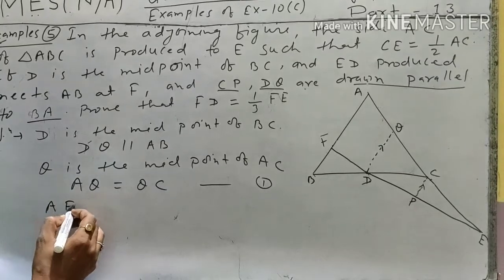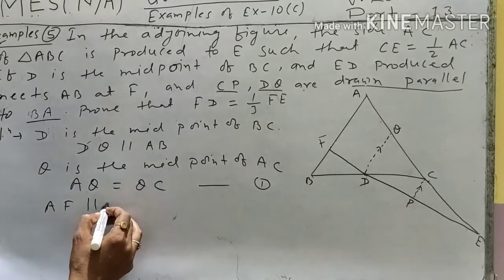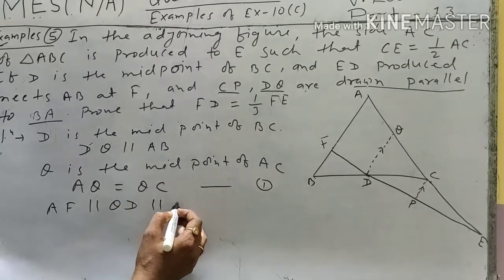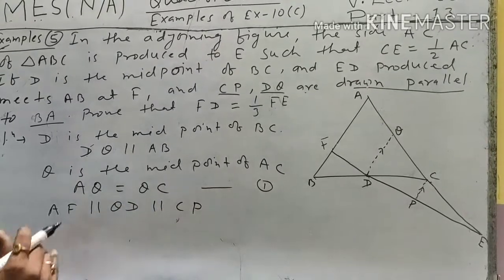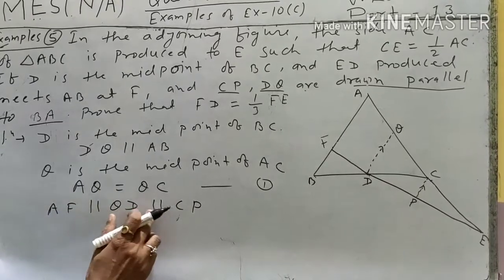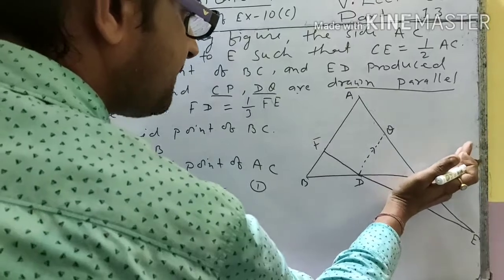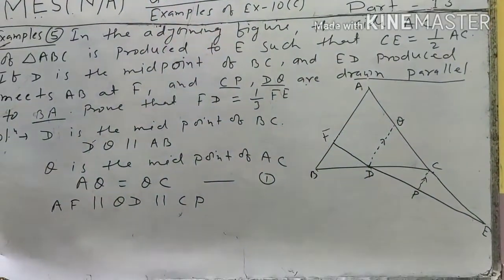Okay student, here the second information is given. AF is parallel to QD, or DQ is parallel to CP. AF is parallel to QD is parallel to CP. That means this line is parallel to this line is parallel to this line.